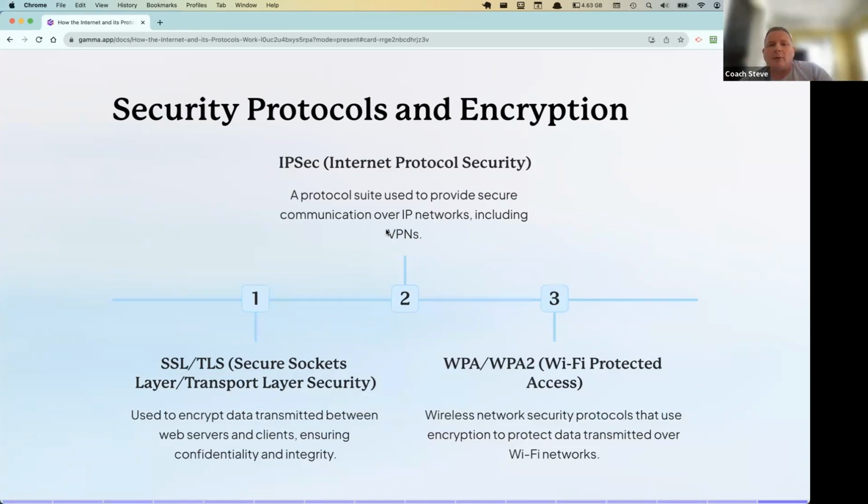So they had to come up with a Wi-Fi Protected Access security protocol so that nobody can listen in on a conversation through a wireless connection, because the other two are for wired connections, where you literally have a cable running from a device to another device. WPA is for wireless. So these are all things that were created to make the web more secure so that we could transmit very sensitive information without anybody listening in.